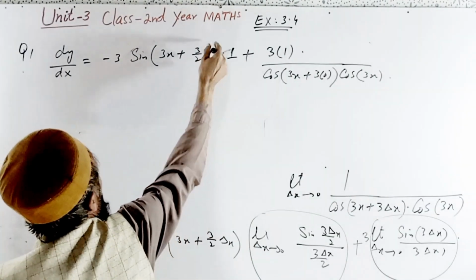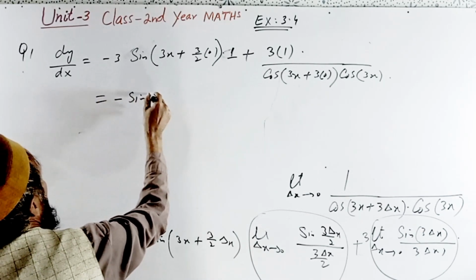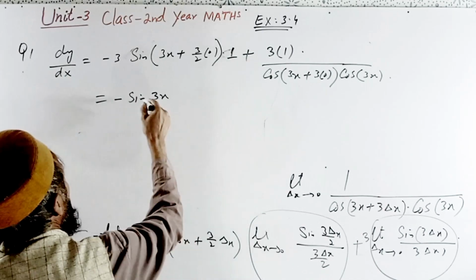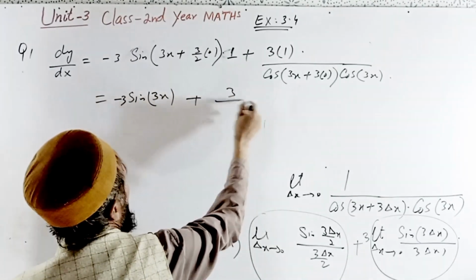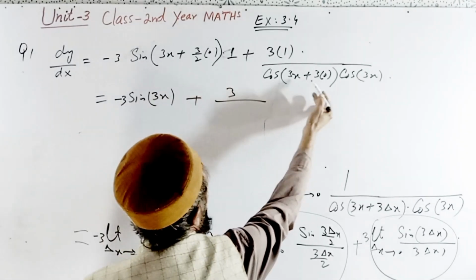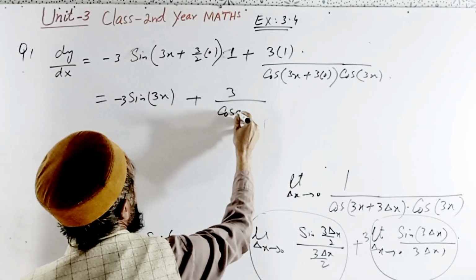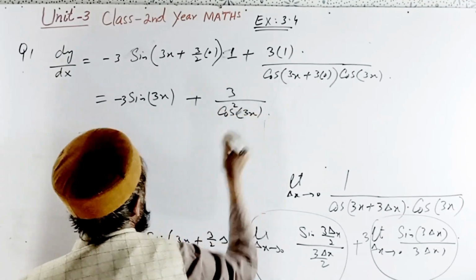So we get the result here: minus sine 3x, this will be 0, minus sine 3x, and plus 3 divided by cos 3x and cos 3x, cos square 3x.